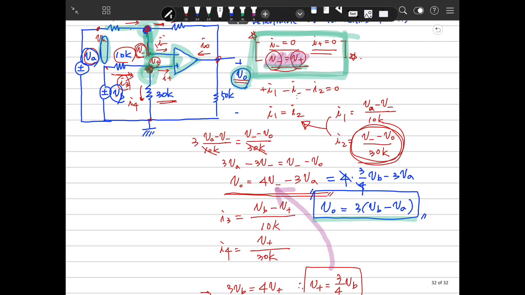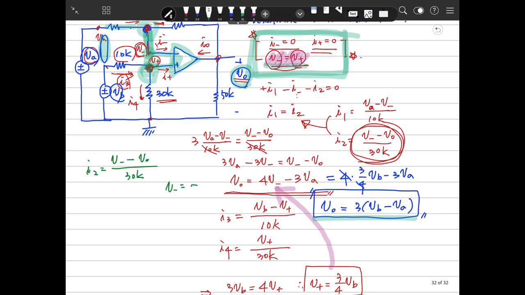Based on the result, I will use another. I2 was below V minus, plus VO. Then V minus was VB, and insert here. So the kilo and 3 VB minus V out.